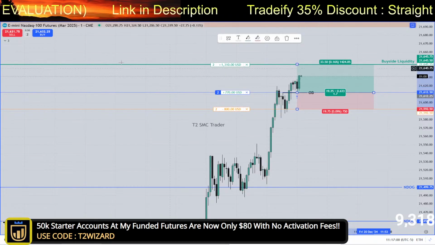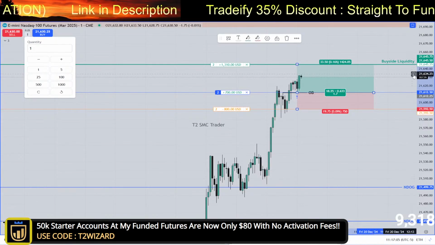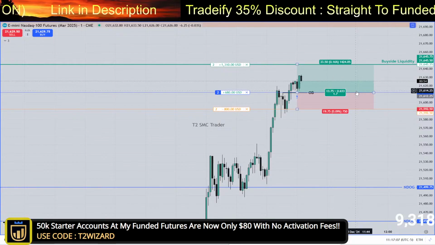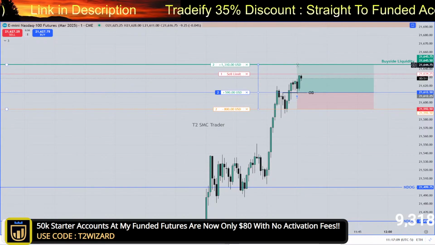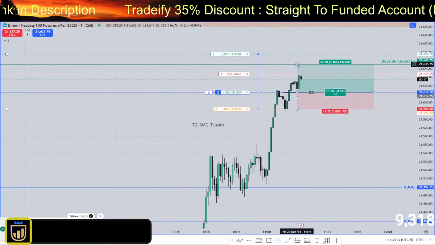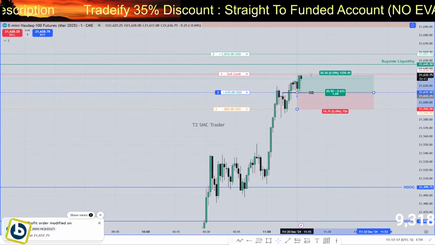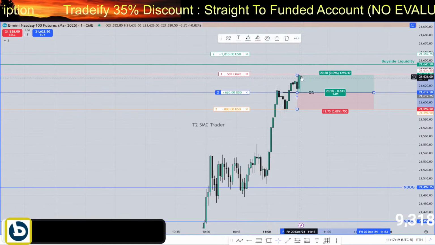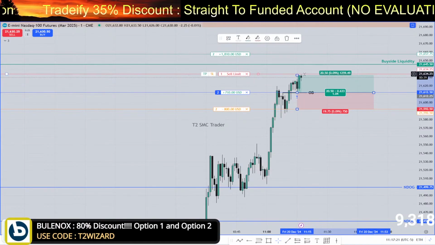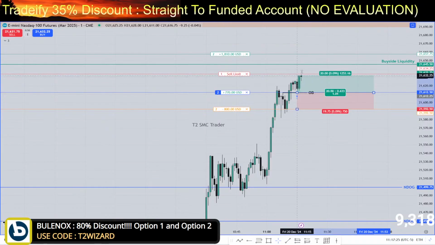I'll take a partial around 20 handle because I'm not sure that it is going to work or not. So I'll take a partial around 20 handle. Why is it 20 handle? Let me check. It has already provided me 20 handle, but let's see if it can come here and take me with it or not.